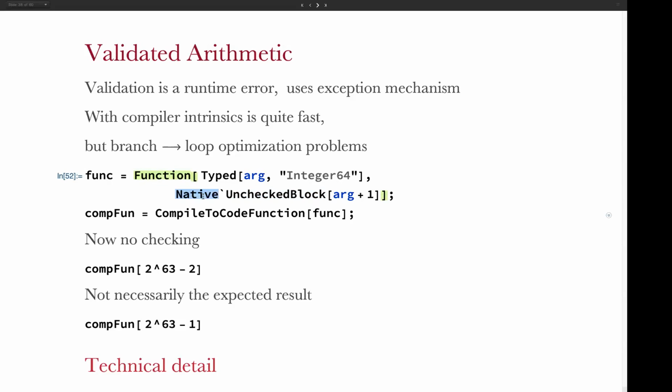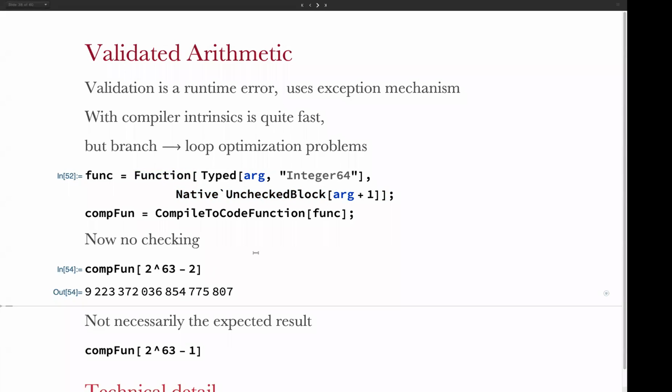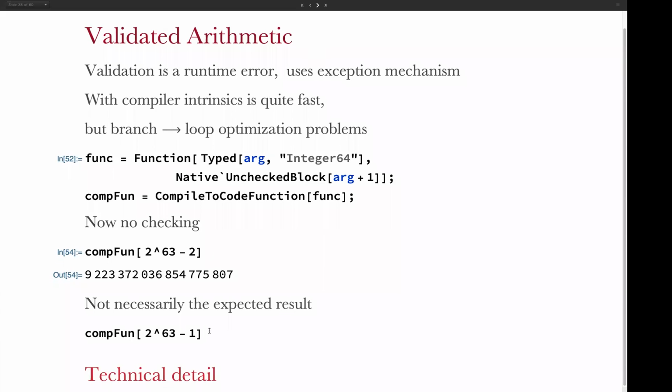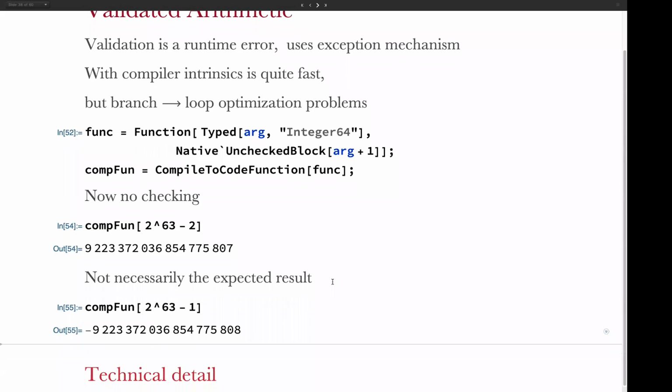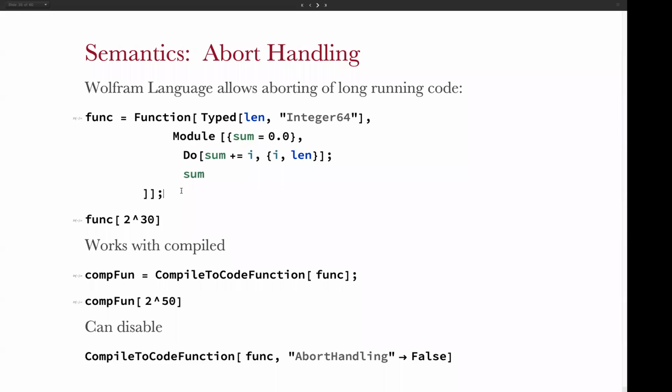So now, in the function, I've said use an unchecked block, and that one worked fine. And this one here, no error. What's happened is it's wrapped around. It's 2's complement arithmetic, and it's wrapped around. So you've got the wrong answer there, but it is actually going to run a little bit faster.